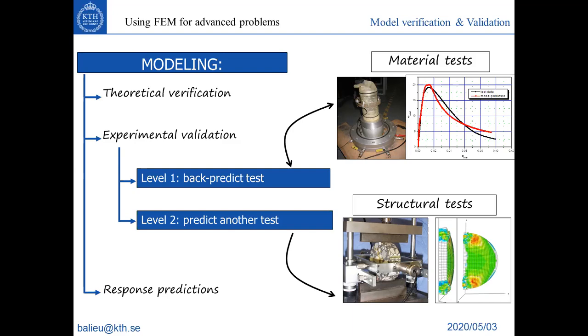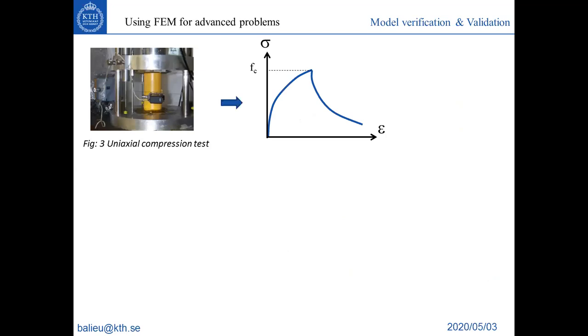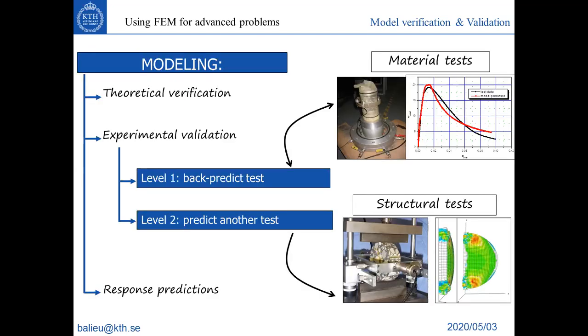To be able to make predictions, you have to do some verification in order to be sure that your model is able to predict. These are just a few words about the difference between material test and structural test.